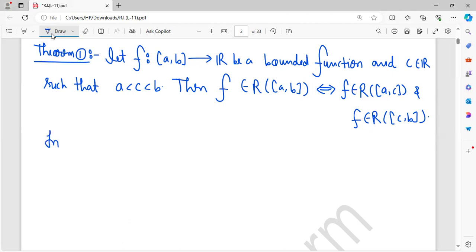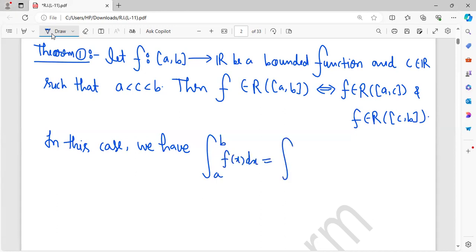In this case, we have the Riemann integral of f over [a, b] is equal to the Riemann integral of f over [a, c] plus the Riemann integral of f over [c, b]. Okay, let's prove this theorem.